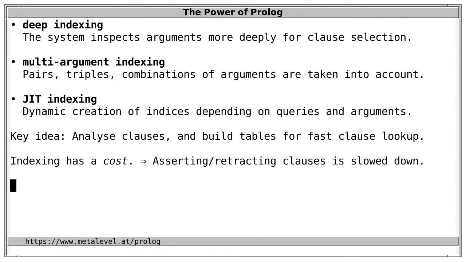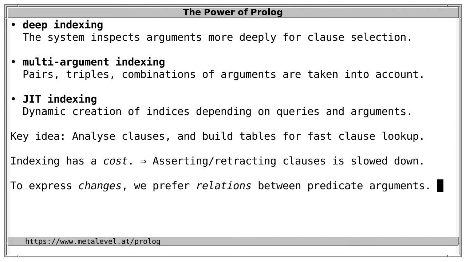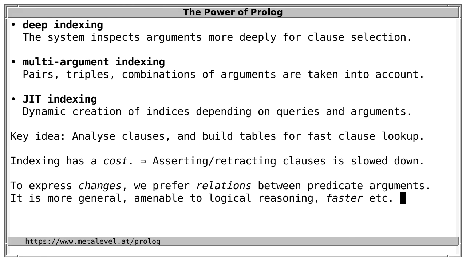So maybe it's best to focus not so much on performance here, but rather to stress that generally we prefer to model changes between things as relations between predicate arguments, because using relations is more general and amenable to logical reasoning. And in addition, it's also often faster than dynamically asserting and retracting clauses, precisely because changing the database dynamically incurs the overhead of argument indexing.